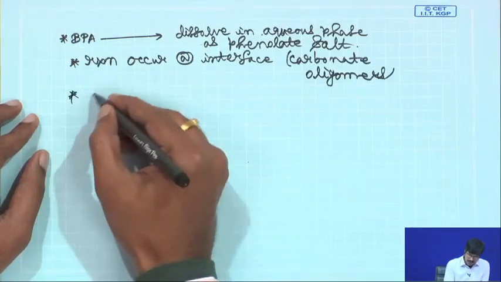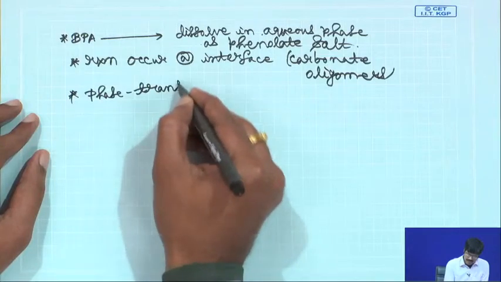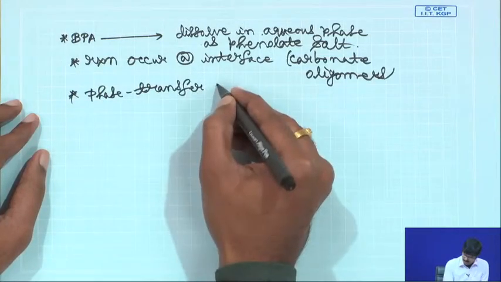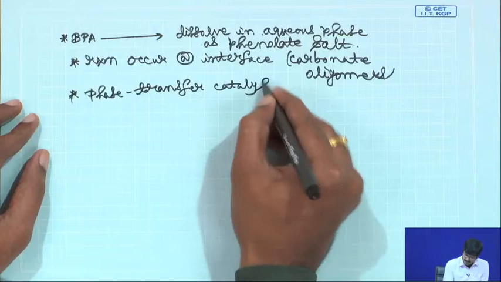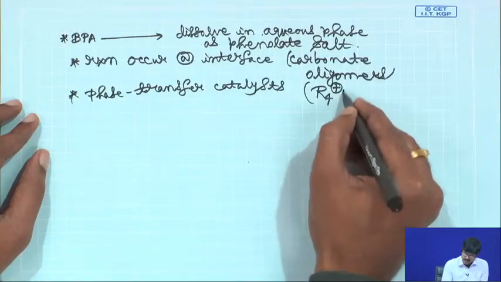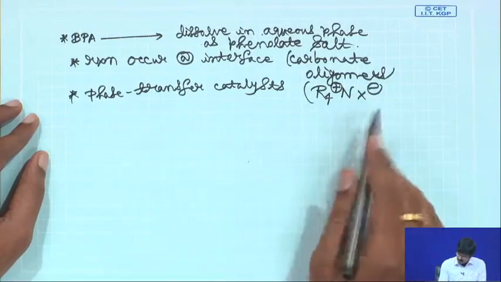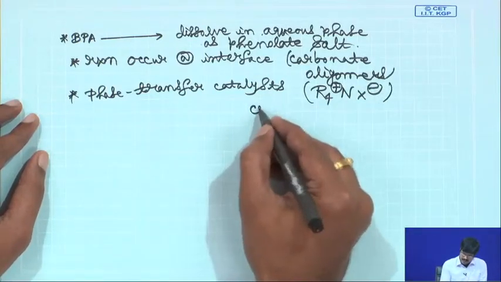Now, typically you will use phase transfer catalysts, say for example, a quaternary ammonium salt, or you can also use crown ethers.